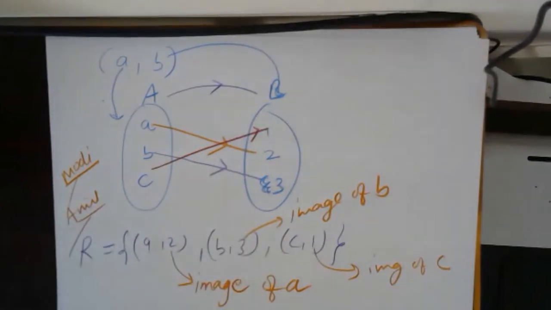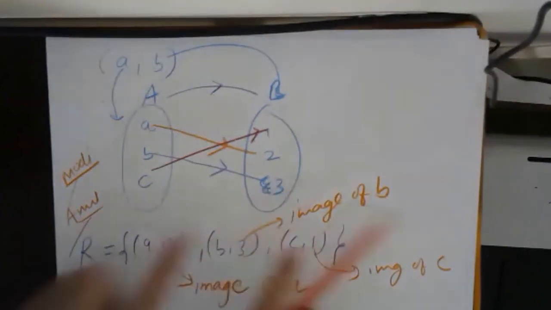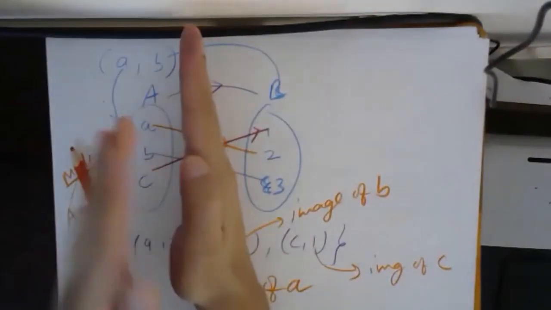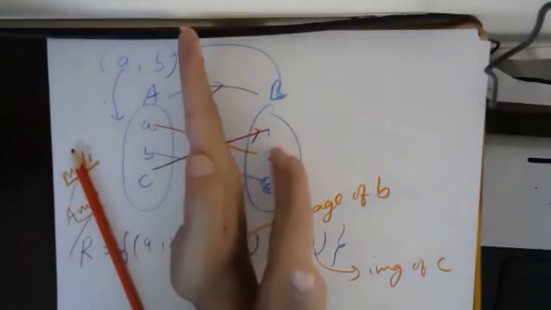Suppose in biology, we call it the eye. Why are we not calling the eye the ears, or the ears the eye? It's just a name given, right? So this 2 is an image of A. Suppose this is a mirror, and set A is standing in front, and set B is the image.